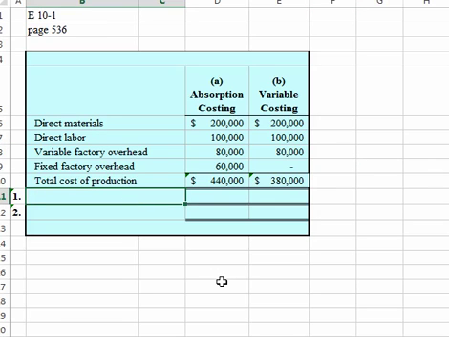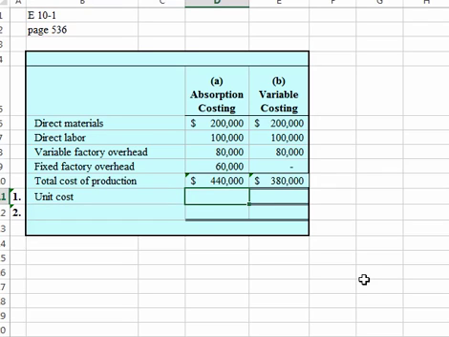All right, then number one asks, from the information presented, compute the following unit cost of production under both absorption costing and variable costing. So we'll say here unit cost.